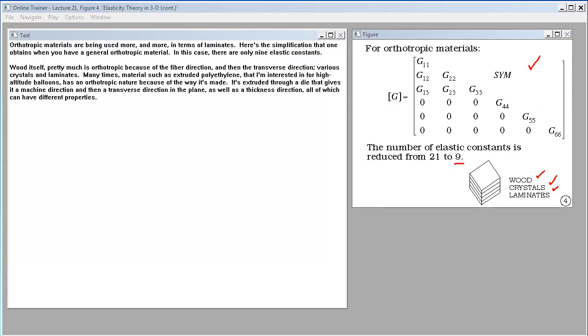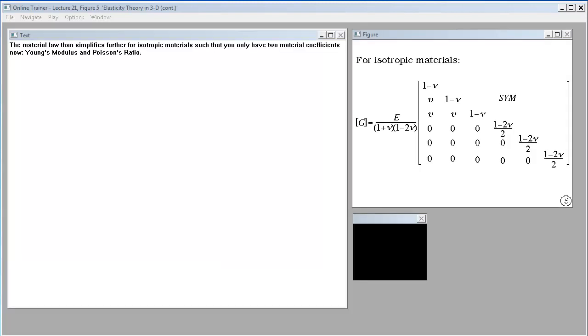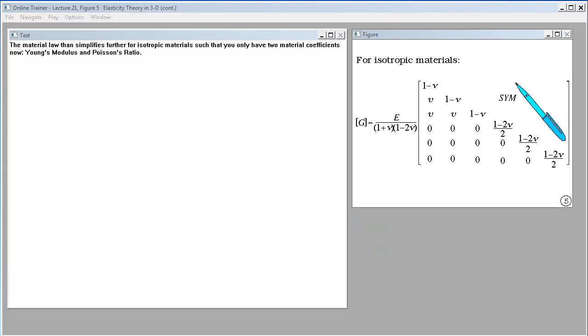It's extruded through a die that gives it a machine direction and then a transverse direction in the plane, as well as a thickness direction, all of which can have different properties. The material law then simplifies further for isotropic materials, such that you only have two material coefficients now, Young's modulus and Poisson's ratio.